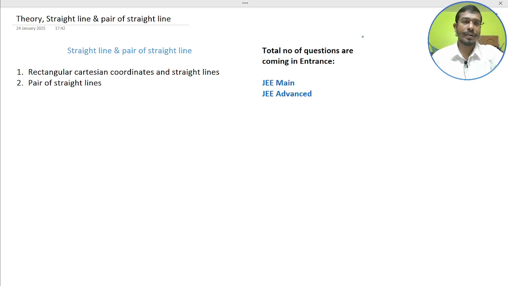We will now cover the rectangular Cartesian coordinates, straight line, and pair of straight lines, and the total number of questions coming in the entrance exam: in JEE Main there are 2 or 3 questions, and in JEE Advanced 2 questions from this chapter, straight line.